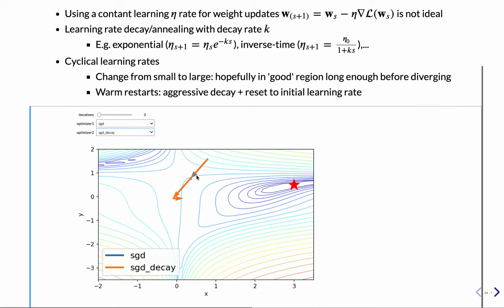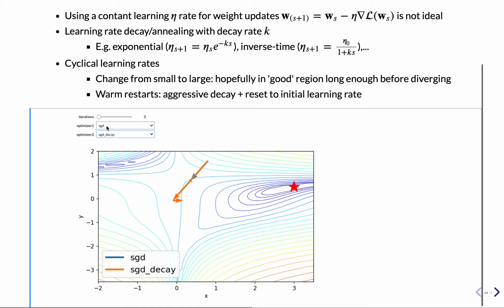Since vanilla SGD has a small learning rate, it will take a small step here, while SGD decay has a smaller learning rate than in the first step, but the learning rate we use here is still a bit large, right? And so you can see it takes bigger steps here. Every arrow here is one step of stochastic gradient descent.